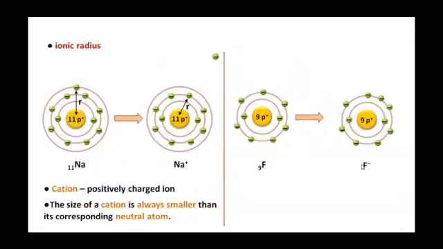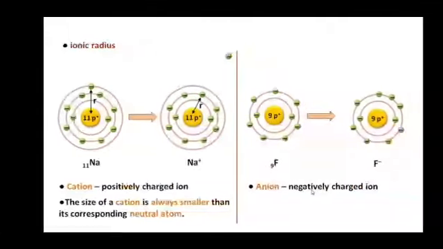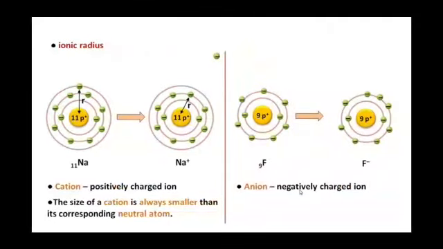Now, it will contain 9 protons and 10 electrons. It's not neutral because one electron will be excess. Hence, fluorine will be represented as F-. Anions are negatively charged ions.